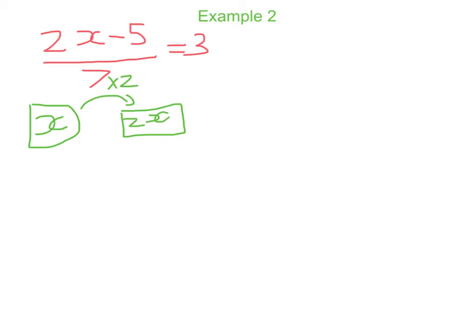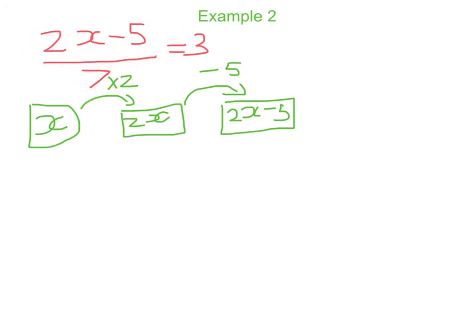And then now we look at what's happening to the 2x. 5 is being subtracted from it. So do minus 5, which equals 2x minus 5. And then what's happening to the 2x minus 5?